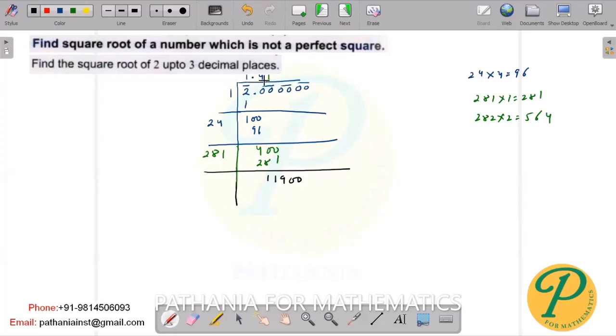Twice of 141 is 282. Start the table. 282, 1 into 1. Then 282, 2 into 2. Then 282, 3 into 3.